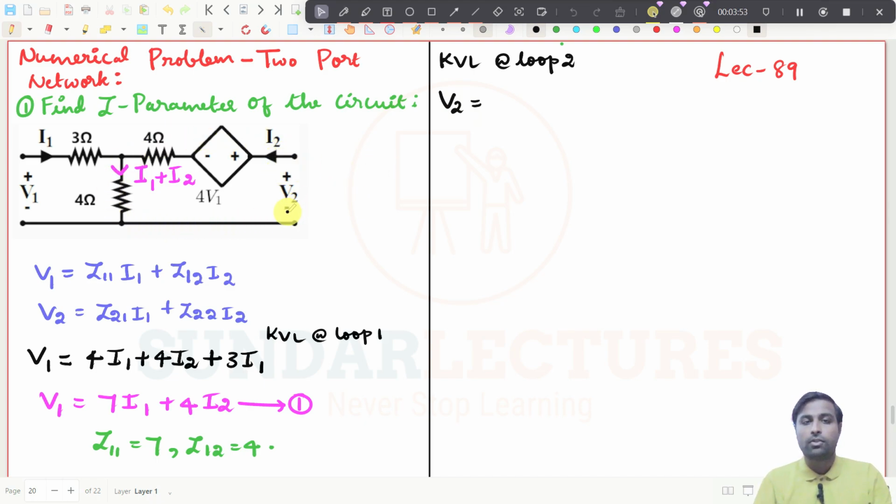So start from this point, the current is coming opposite to you, so this value will be 4I1 plus 4I2, the same one. Then you are traveling opposite, the current is coming opposite to you, so you will get plus 4I2, and then you are traveling from minus to plus in this voltage, so it will be plus 4V1. This is the expression.